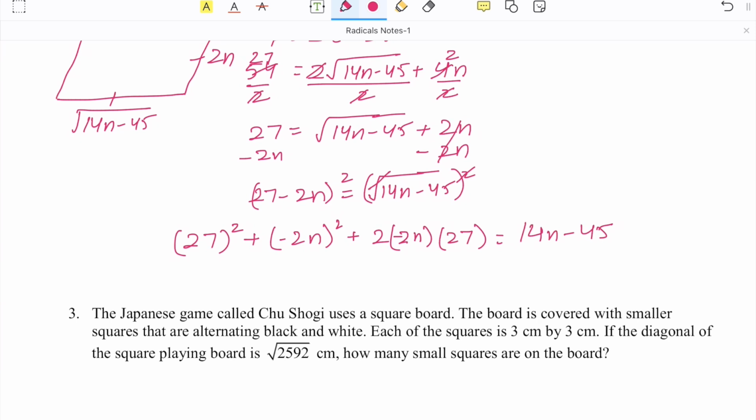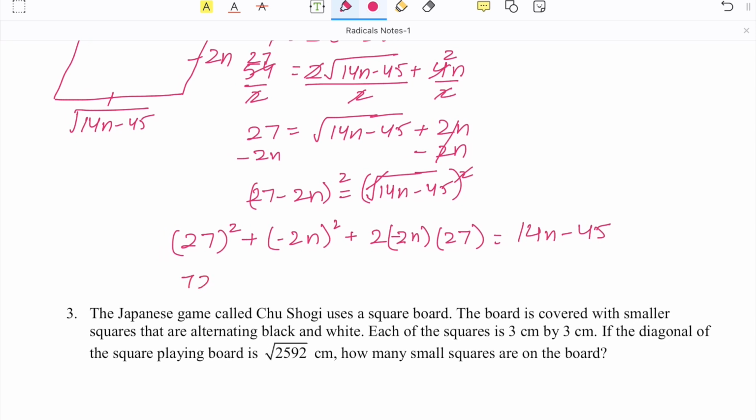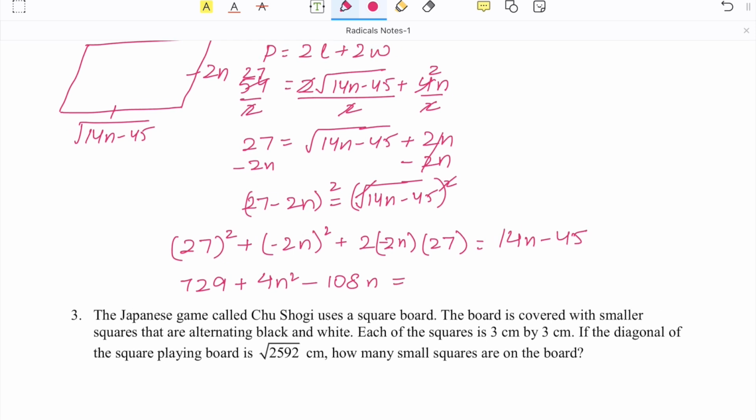27 squared is 729, plus 4n squared, minus 108n. I'm just multiplying 2 times 27, and that's equal to 14n minus 45.